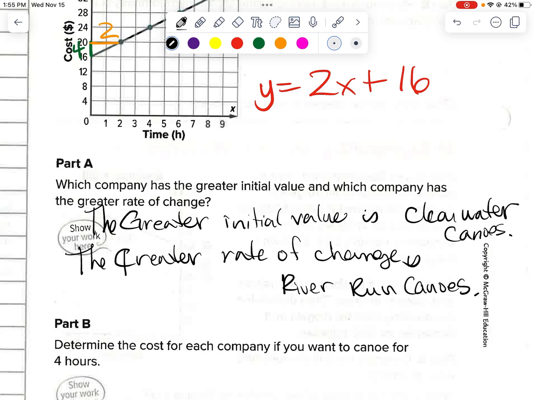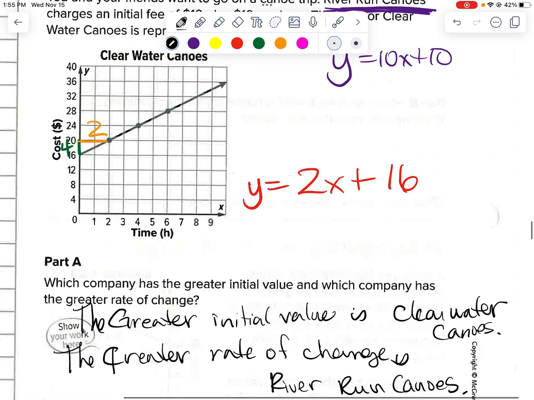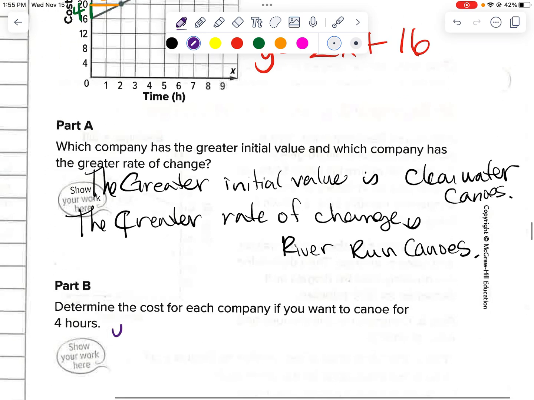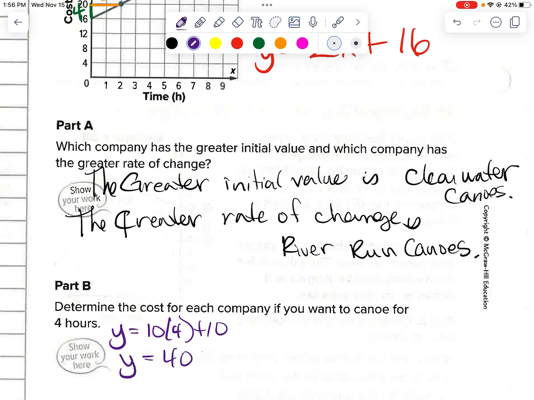Determine the cost for each company if you want to canoe for 4 hours. So for River Run, it's 10 times 4 plus 10. So that's 40 plus 10, so it would be $50.